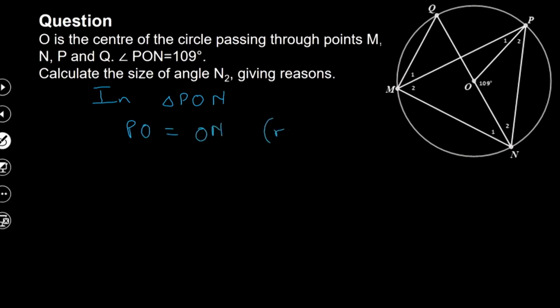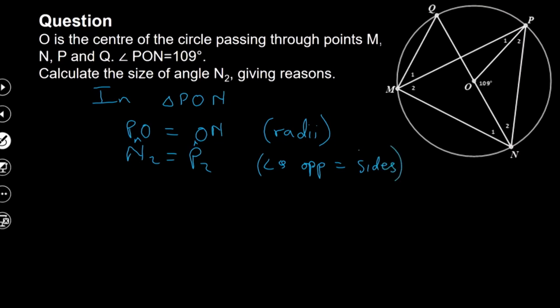And my reason for this is radii, right? And then I know that it means that angle N2 is equal to angle P2. And my reason, in an isosceles triangle, the base angles are equal, right? But that's not what we say. So I will say angles opposite equal sides.